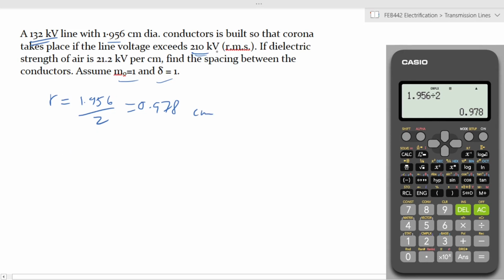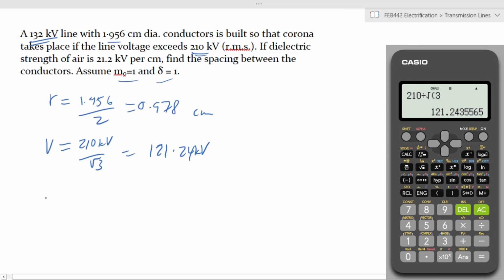Disruptive voltage is 210 kV. Let's put it in terms of per phase, which gives us 210 divided by root 3, which is 121.24 kV.